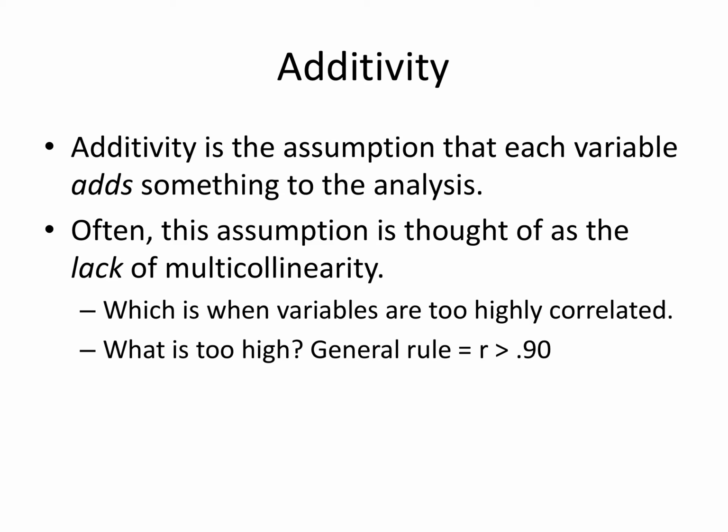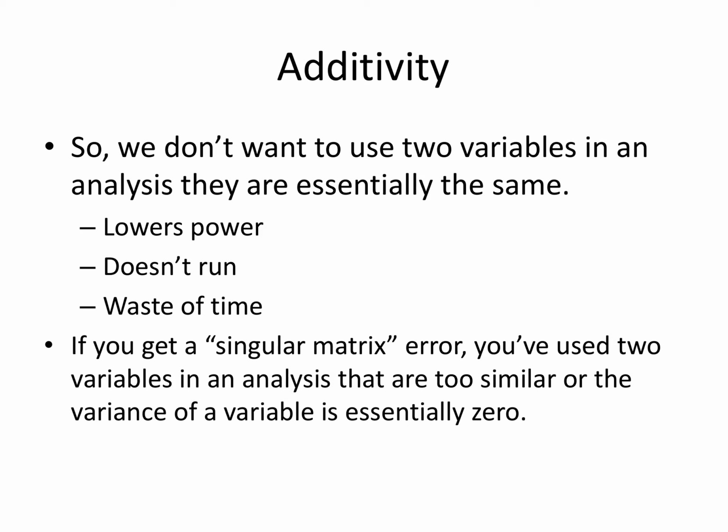So a general rule for too high is r greater than 0.9. This changes based on the analysis that you're doing, but 0.9 is always bad. If your variables are that highly correlated, it tends to bork your analysis. And bork is a very technical term that means that it might not run or it makes interpretation very difficult.